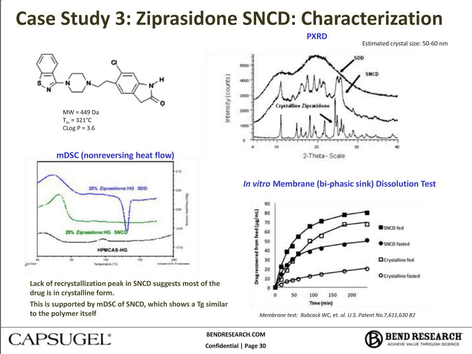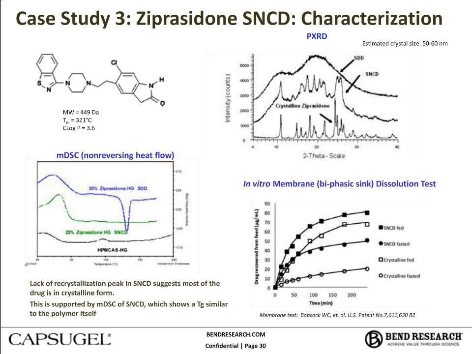And you can see it has a very high melting point of 321 degrees C. The broad PXRD peaks here are indicative of small crystalline domains, and there's a recrystallization peak in the DSC you see on this slide in the lower left for the STD, but not for the solid nanocrystalline dispersion once the drug is crystallized out.